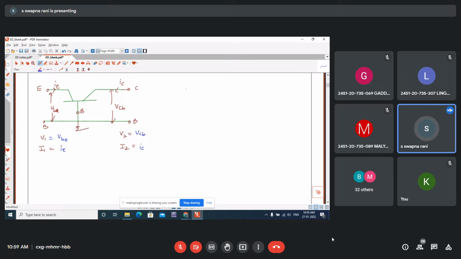Next we will write those two equations, V1, I2. If you don't remember suddenly, then you can start with I2. Recollecting the working of transistor, the output current is dependent on the input current and output voltage.